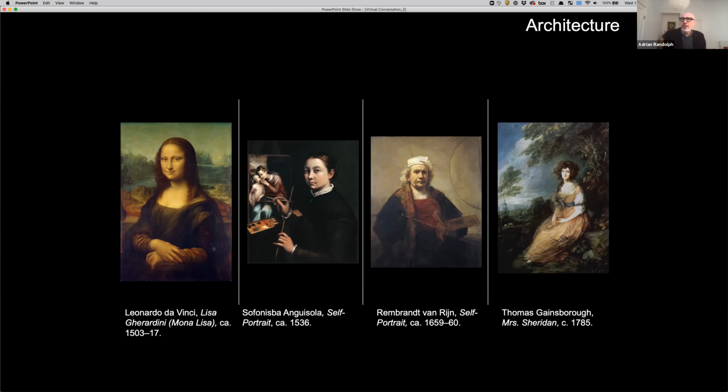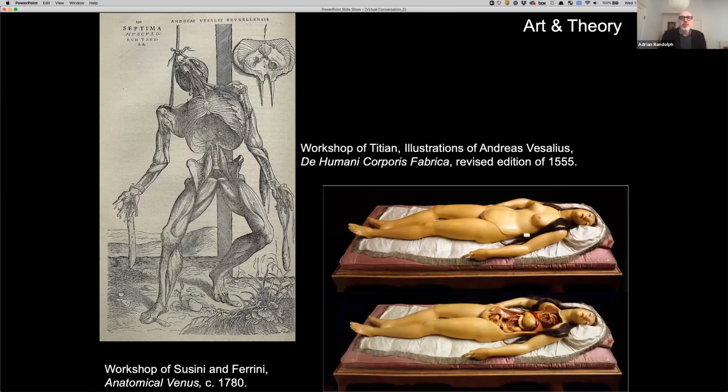And we looked at art theory, and I'm just choosing one aspect of art theory in early modern European art, which is anatomy, how art connected to science in very particular ways. The history of medicine is absolutely connected to the history of art, both through Vesalius, the engraving on the left-hand side, which was a way for anatomists who were performing autopsies at this time of displaying to generations of medical students what the body was like.